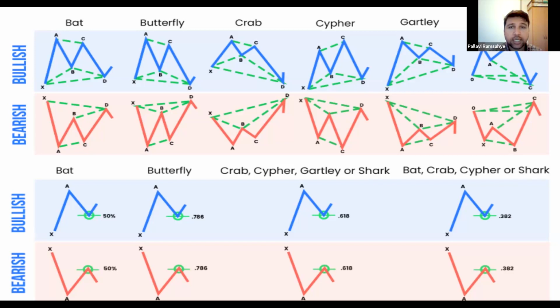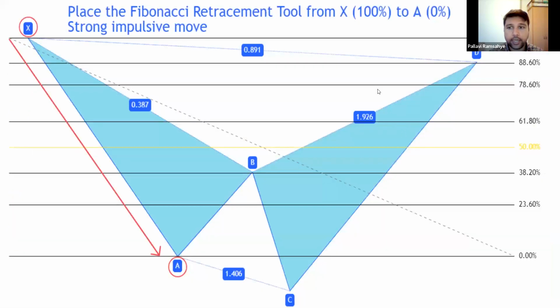X to A. What's the characteristic that we're looking for X to A? Is there any particular move that we're looking for? So impulsive move, perfect. So we're looking for a very strong impulsive move, okay?